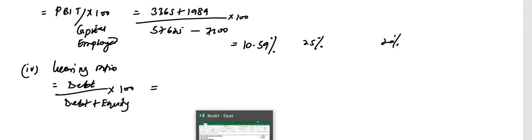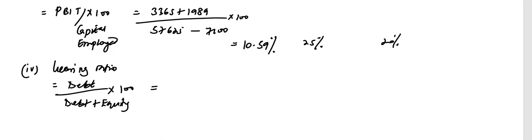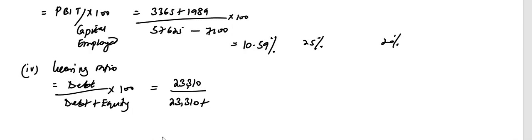Go and look at the non-current liabilities. We have 23310, the long-term debts. Then over debt and equity. Equity is 27,315.